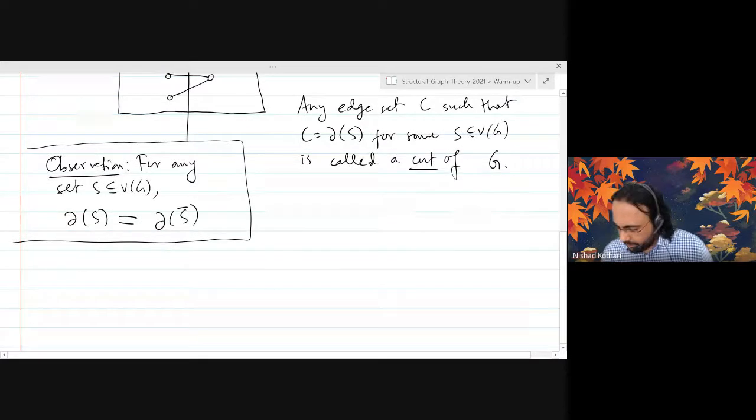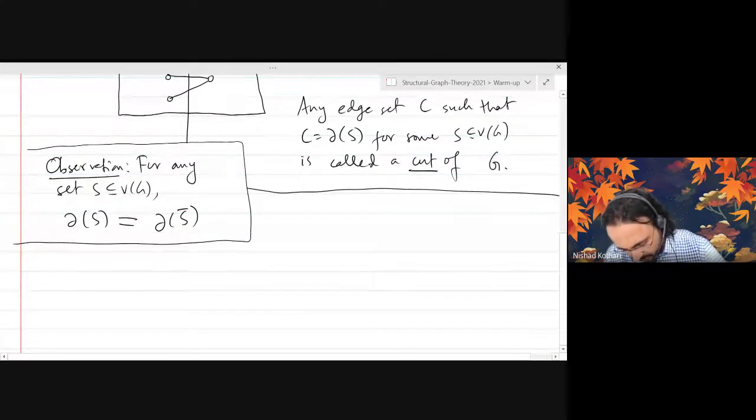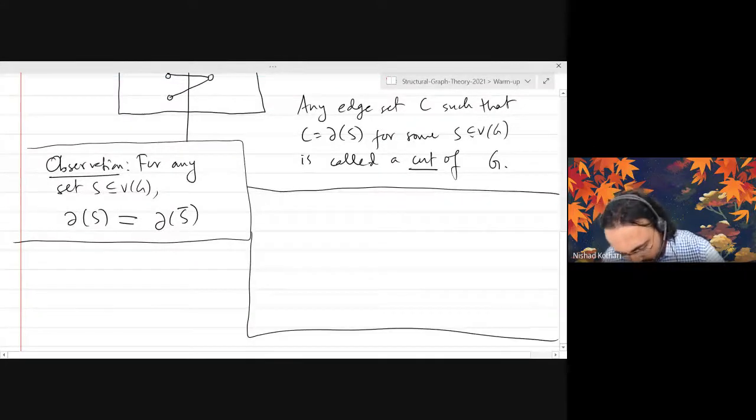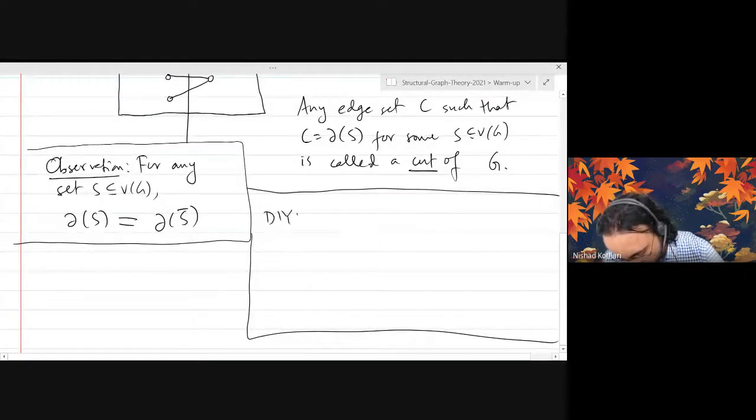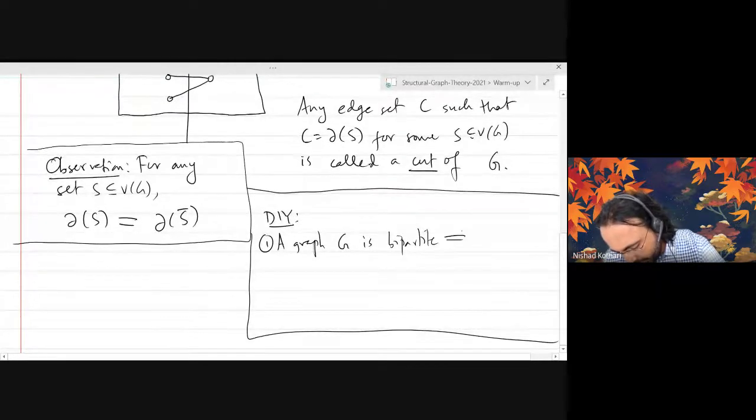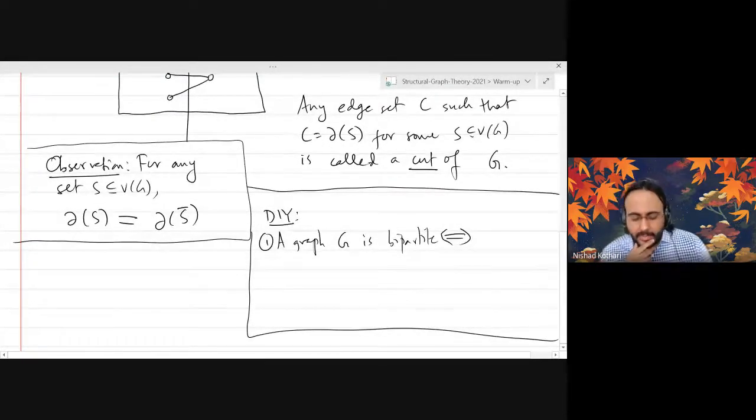I want to give you two simple do-it-yourself exercises in order to improve your understanding of cuts of a graph. So one, a graph G is bipartite if and only if, and I want to make a statement about the cuts of the graph.